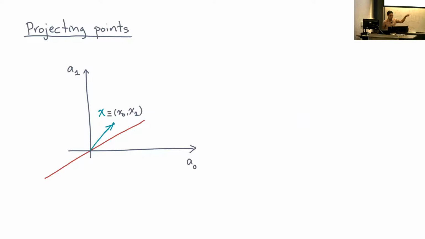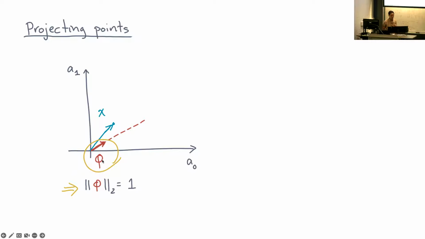After the mean centering, I'm going to interpret each of these points as a vector. And I now want to represent the vector not in this original 2D space, but in the one-dimensional space of the red line.